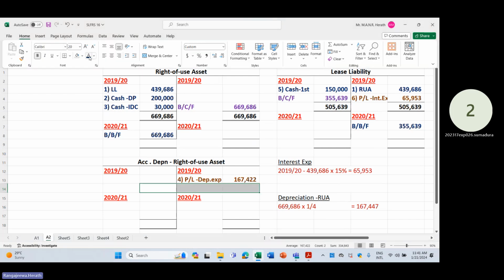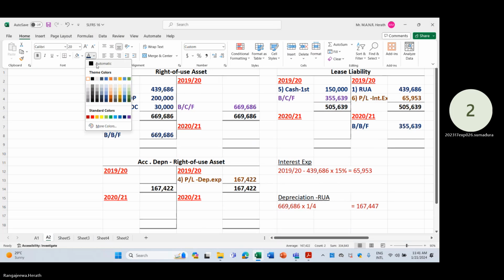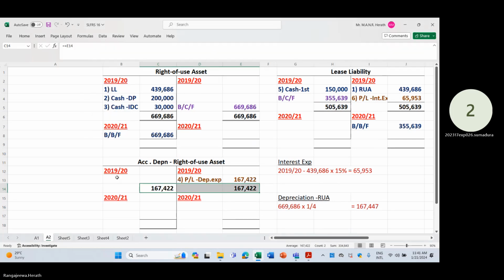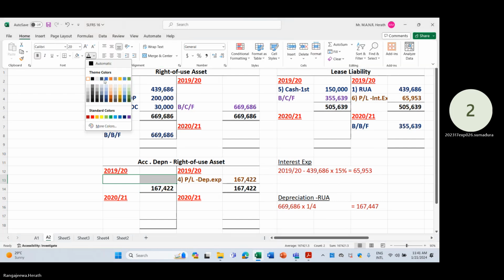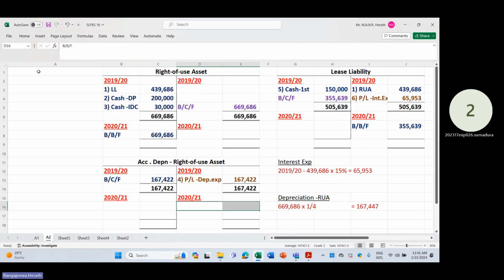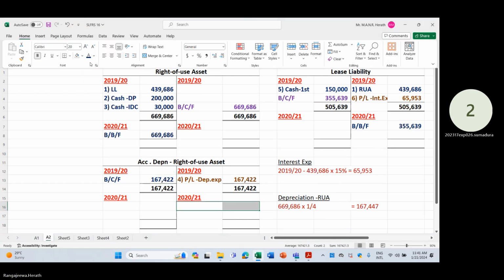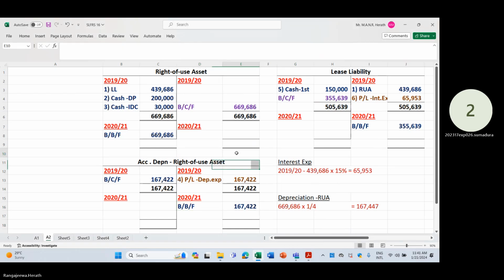And accumulated depreciation, you can carry it forward, brought forward to next year. Okay.